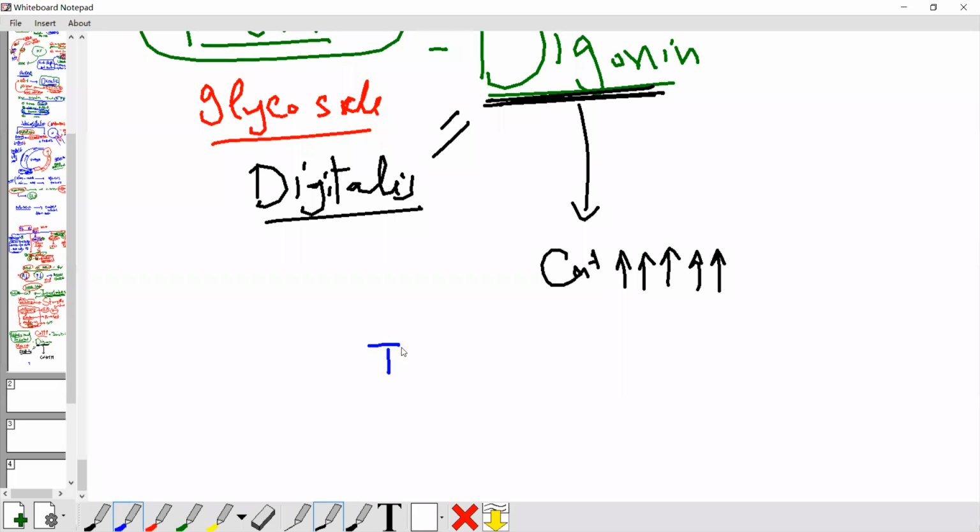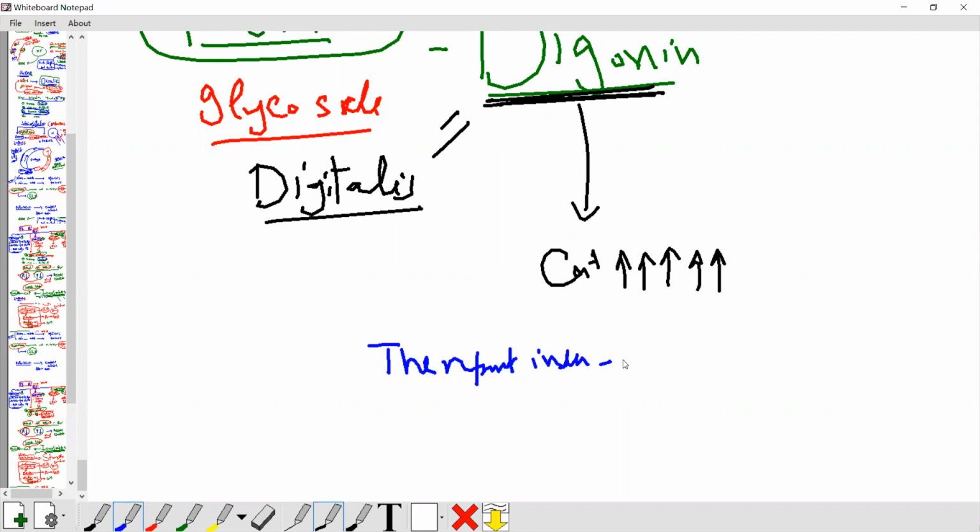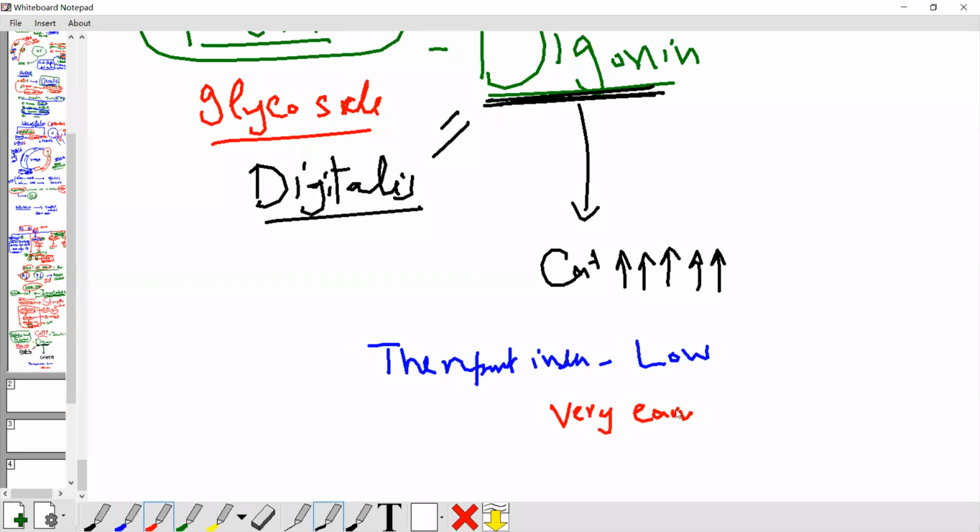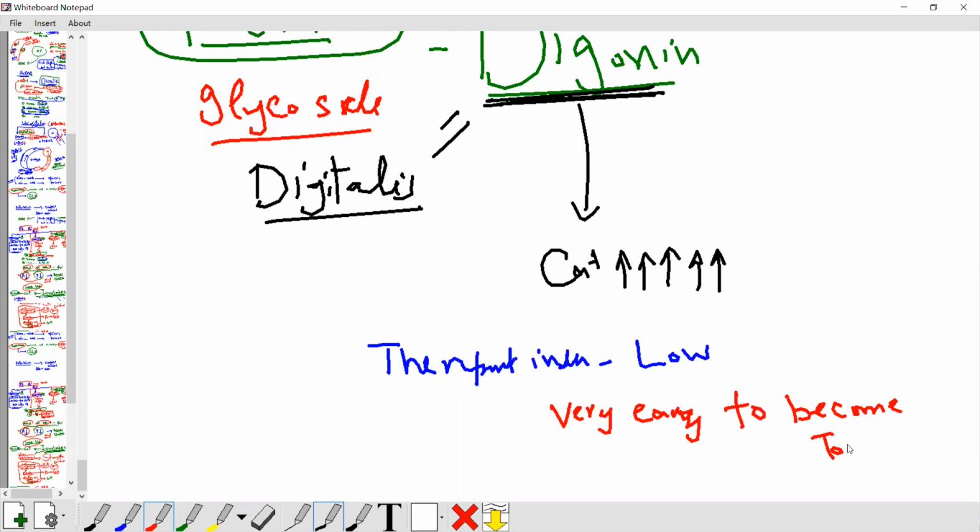The therapeutic index is very low. It means this drug very easily becomes toxic. Therapeutic index very narrow, very easy to become toxic.